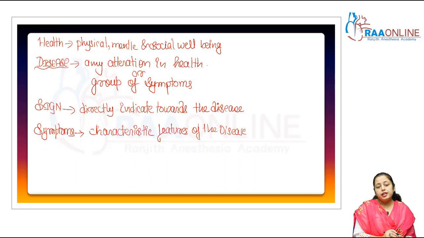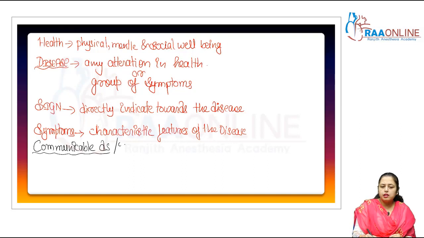So simply, diseases are of two types, right? First one is the communicable disease, which is also known as the infectious disease, right? And what is that infectious disease?